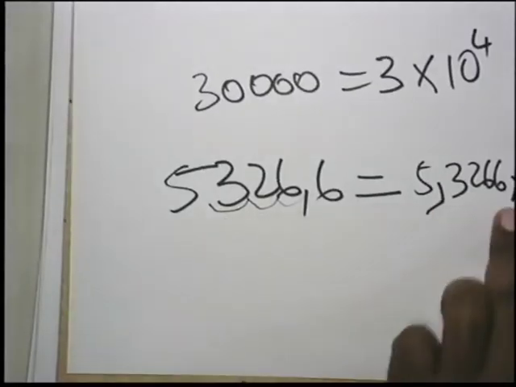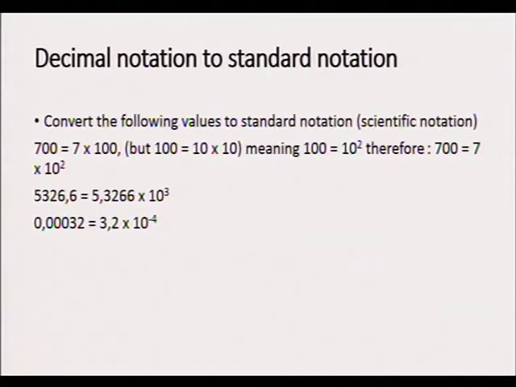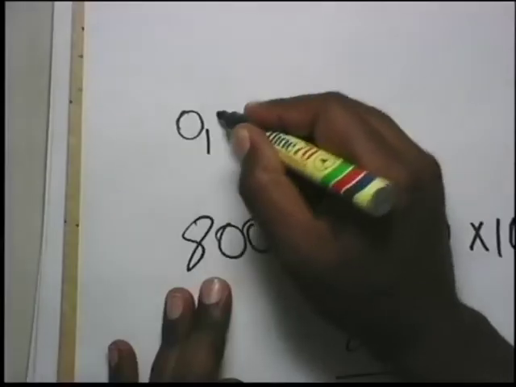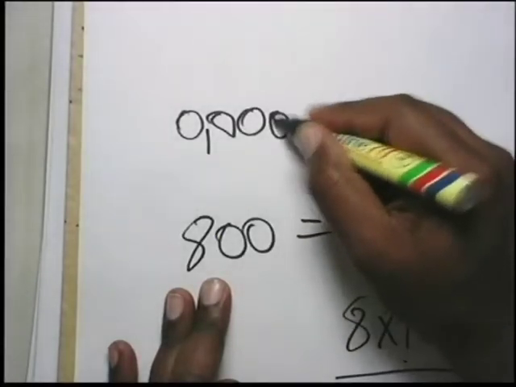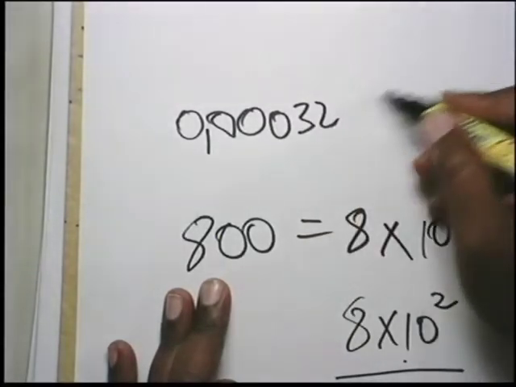If the comma moves to the right, it becomes negative, as I am going to show you in this next example. Now this next example is 0.00032. Now in this case, what we are saying here is that 0.00032 is equal to what?